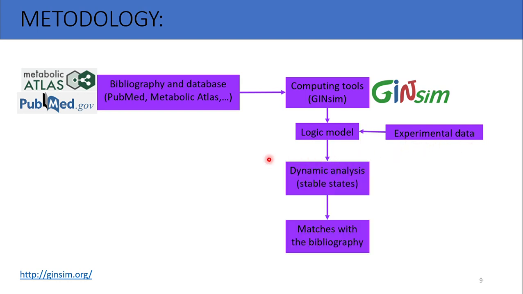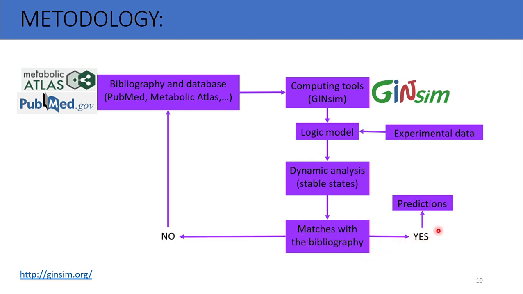After that, with the model, we can do dynamic analysis like the stable states, and if these states match the bibliographic information, we can make predictions about the biological system, but if the states don't match, we go back to the bibliography and repeat the process.